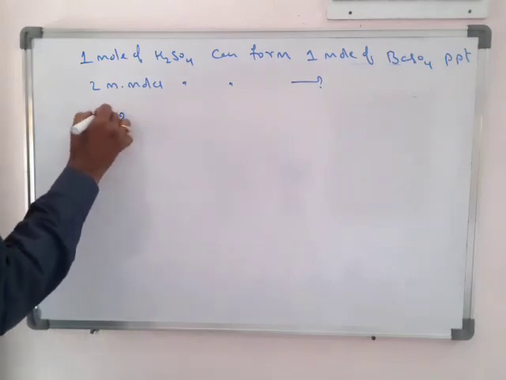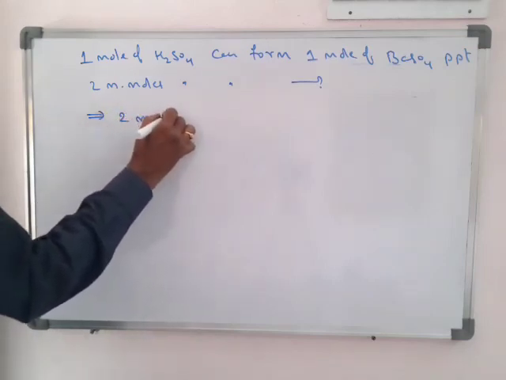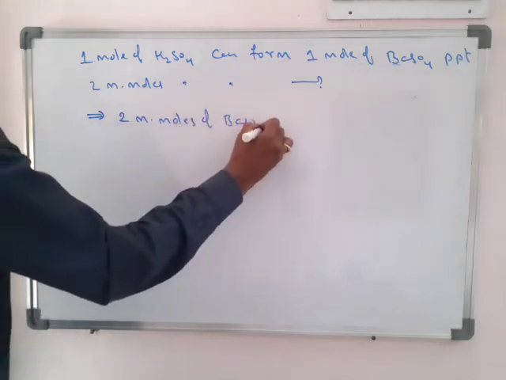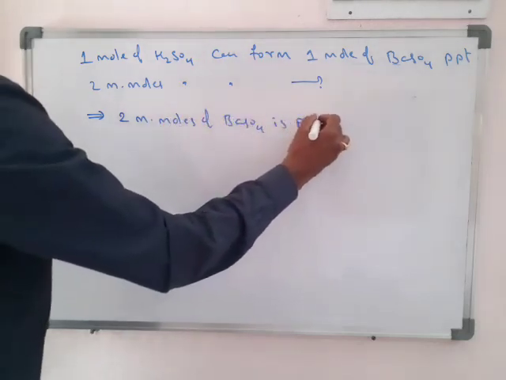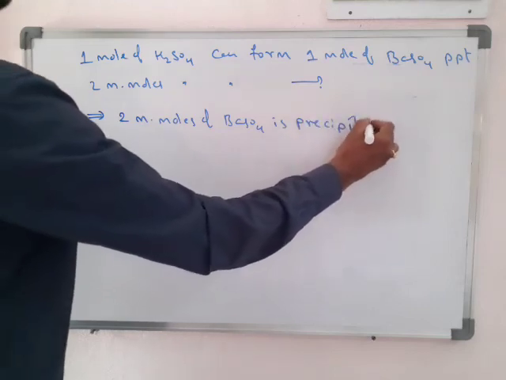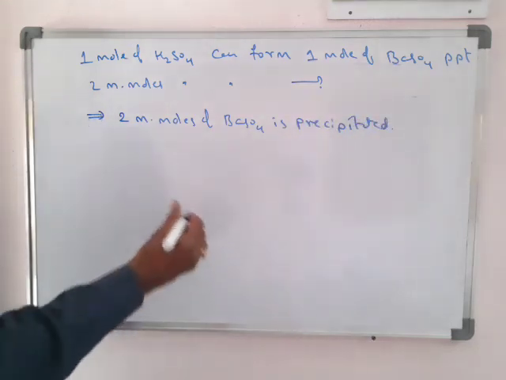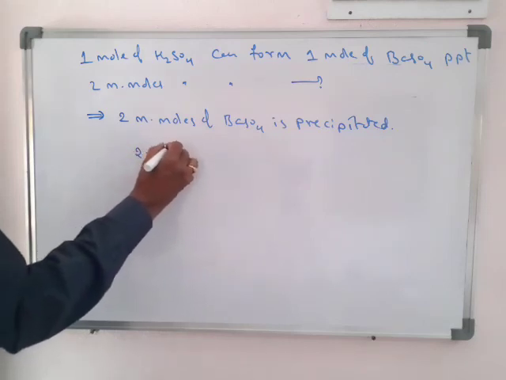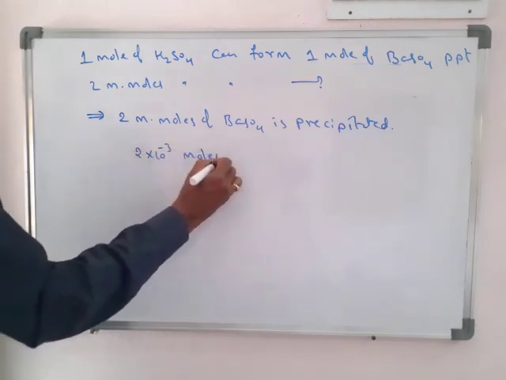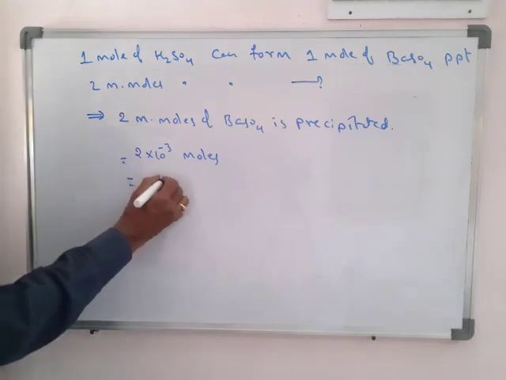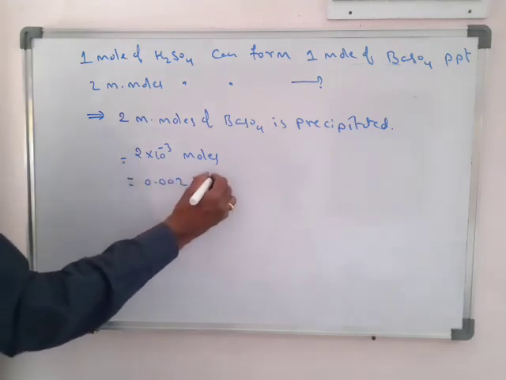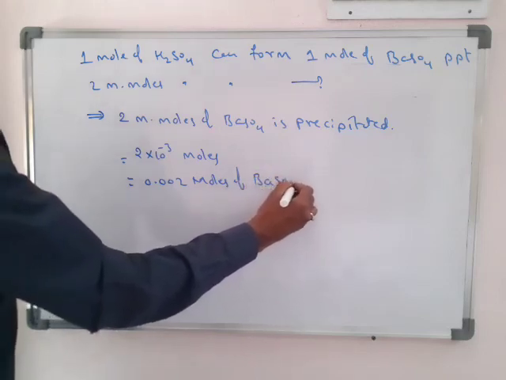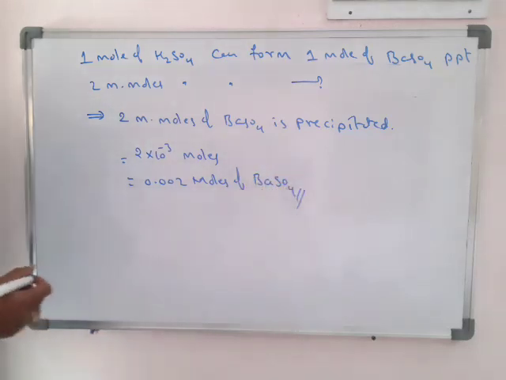So therefore the answer is 2 millimoles of barium sulfate is precipitated. I think the options are given in terms of moles, so 2 millimoles means 2 into 10 power minus 3 moles of barium sulfate.